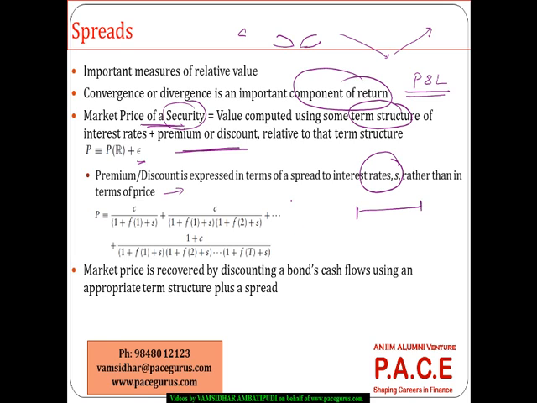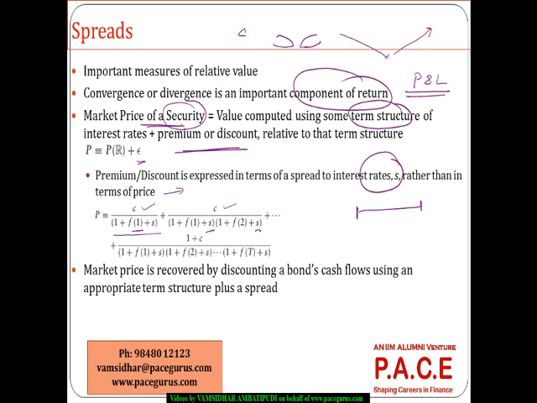So probably the better thing for me is to take a simple example. See, it's as good as if you see here, any bond that is paying a coupon of S, I'm discounting the first coupon by 1 plus F1, the first forward rate. Then another one, F1 times F2, which is nothing but the 2-period spot rate.